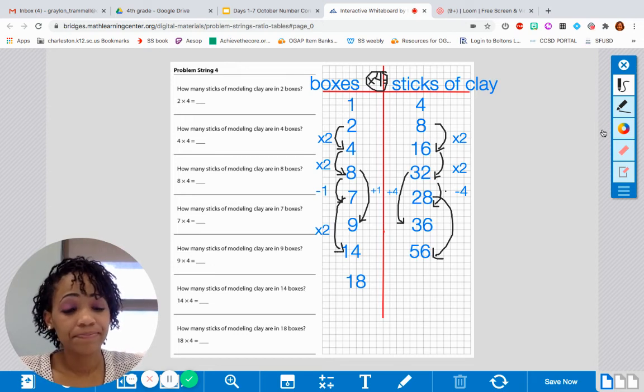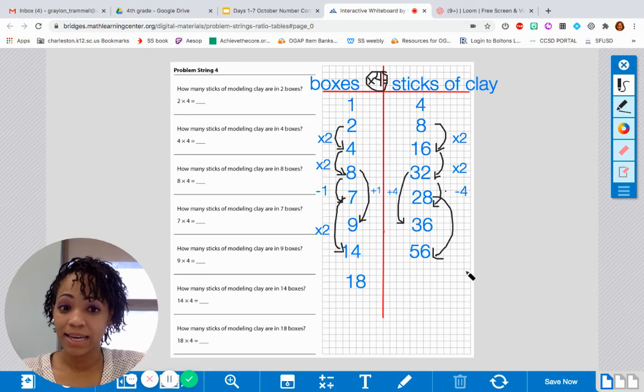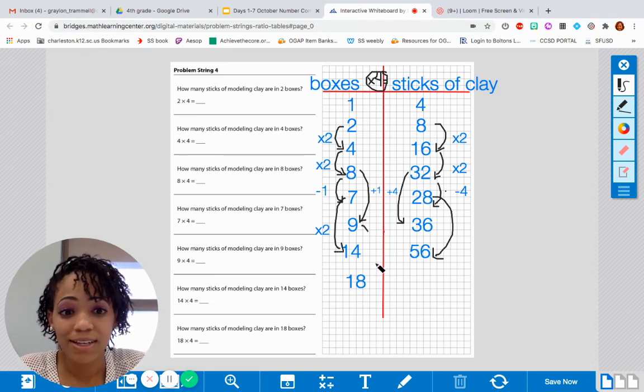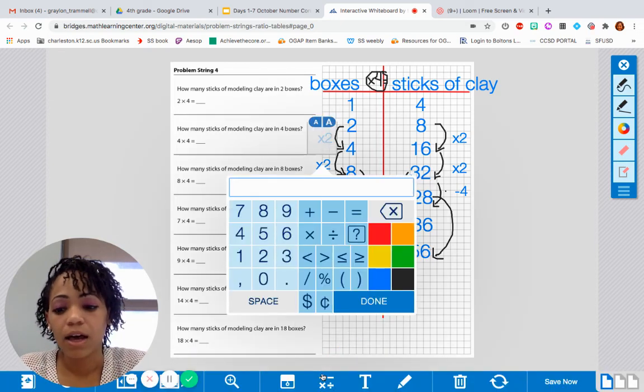You got 18. How is it related to some of these numbers that are in our ratio table? Right, we could do 9 times 2. I'm going to stick with 9 times 2 because I really like the idea of doubling.